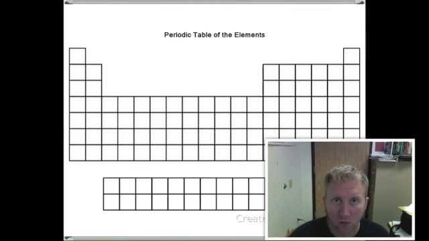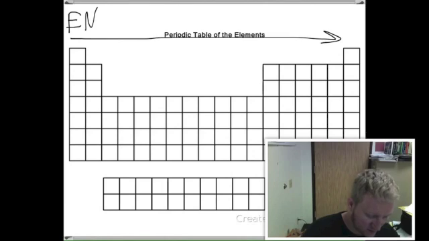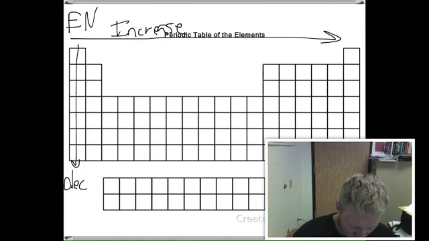All right, so let's recap the trends that we just talked about. The first one that we're looking at is electronegativity. As we go across the periodic table from left to right, it's going to increase. As we go from top to bottom, it's going to decrease.